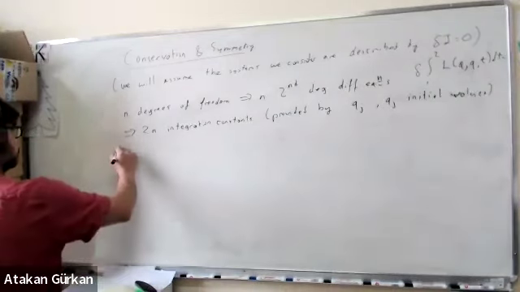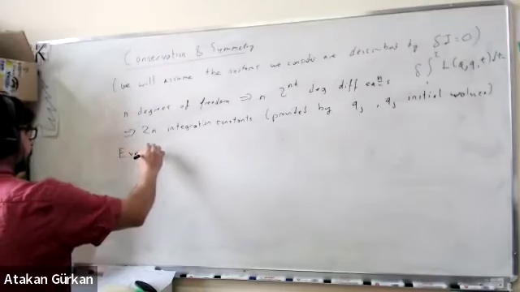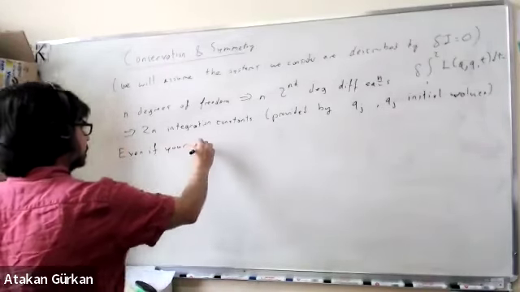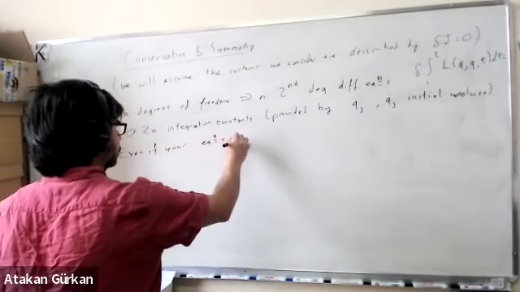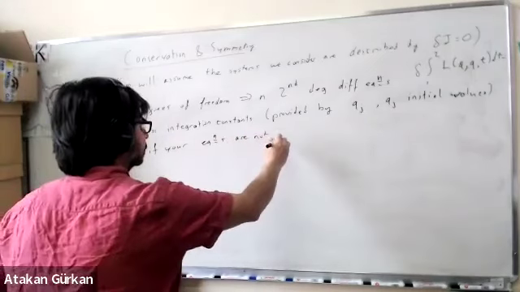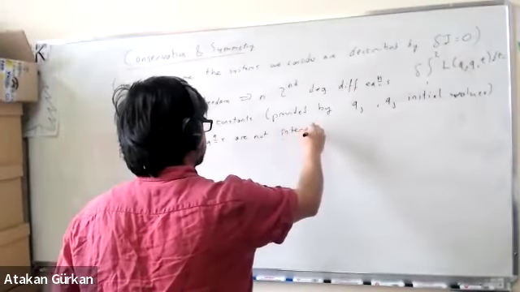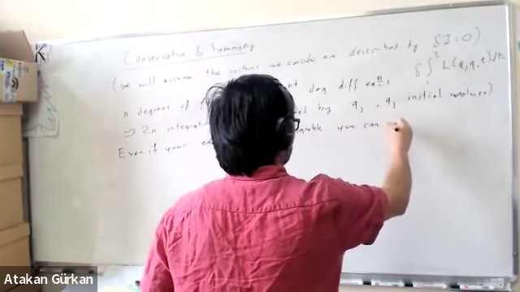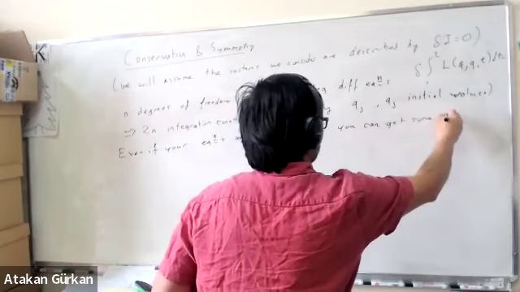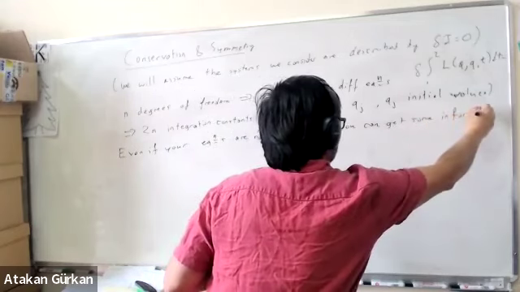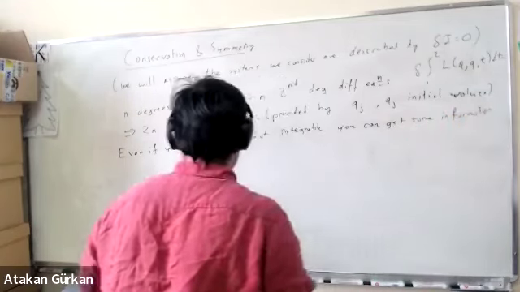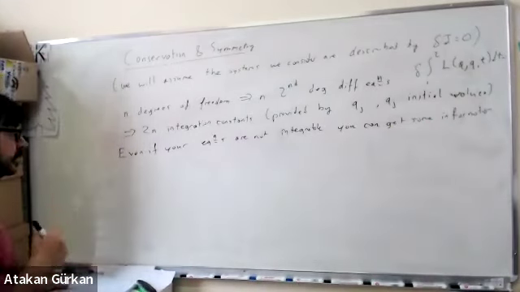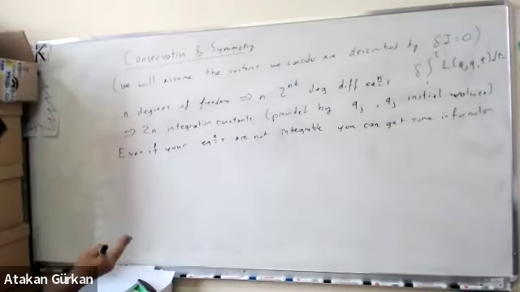However, even if your equations are not integrable, you can get some information. And this is what we are going to do. For example, we may be able to obtain a number of first integrals.